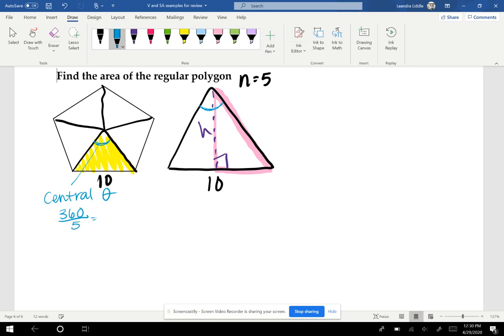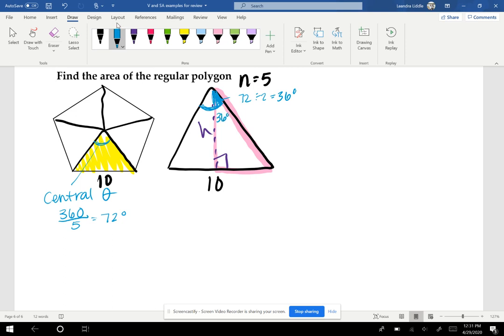We get that the central angle for a regular pentagon is 72 degrees. If we move back over here, we only want half of this angle. So 72 divided by 2 gives us 36 degrees. So we know this angle right here is 36 degrees.